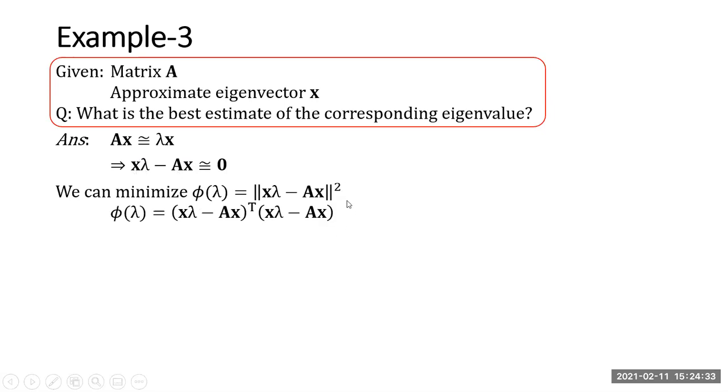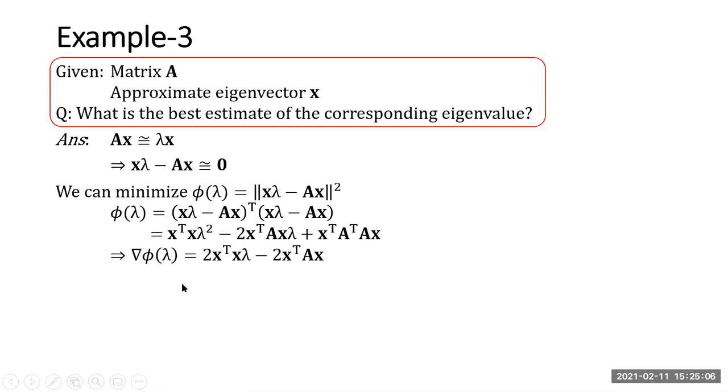So phi of lambda is equal to (X lambda minus AX) transpose (X lambda minus AX). And when I open up the brackets, I get X transpose X lambda squared minus 2 X transpose AX lambda plus X transpose A transpose AX.